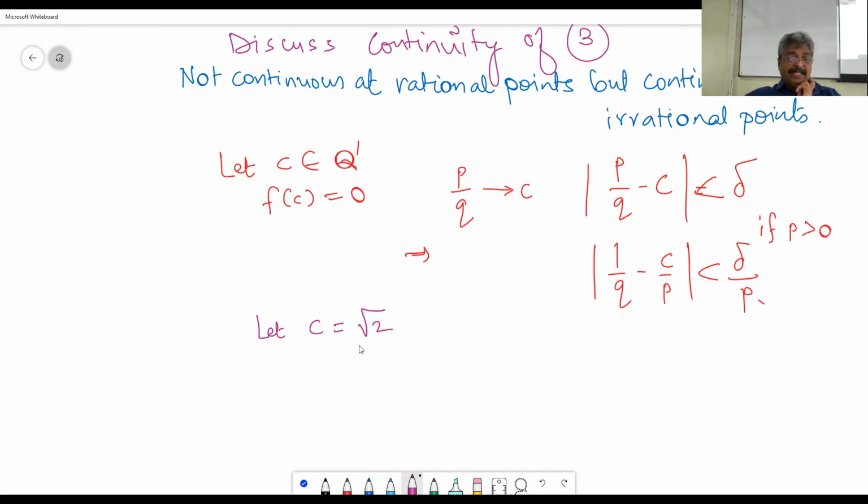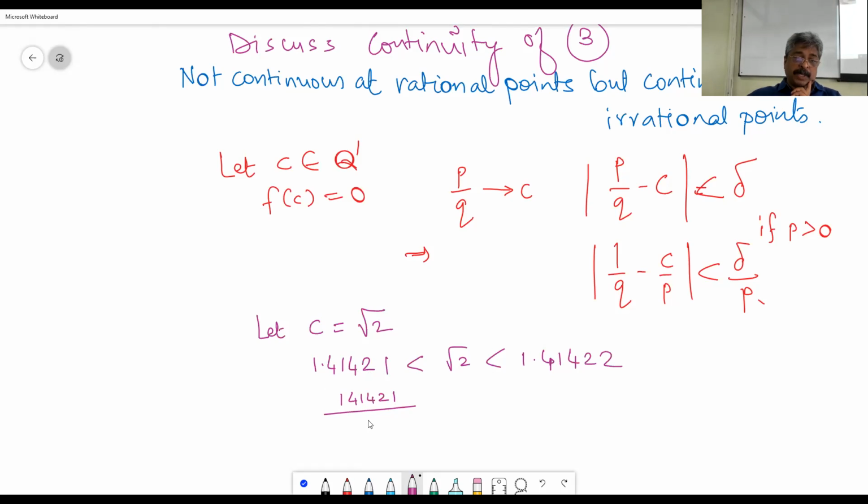So I can catch root 2: 1.4141 is less than root 2 is less than 1.41422, and I can increase these decimal places to whatever limit I want, 100 digits after the decimal point, because anyway it is an irrational number. So you can always have two rationals, one less than root 2, another greater than root 2. And now suppose, let us assume, because definitely we will be able to find a rational such that it looks like this.